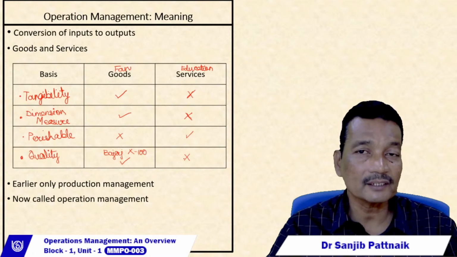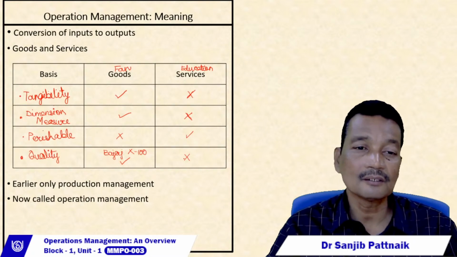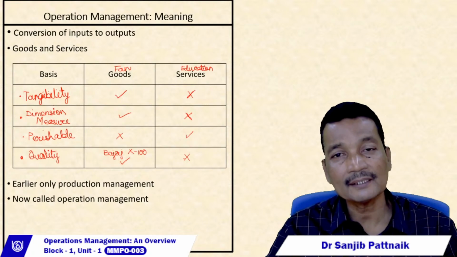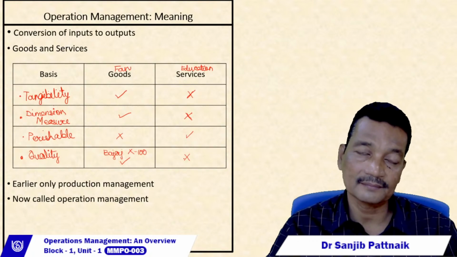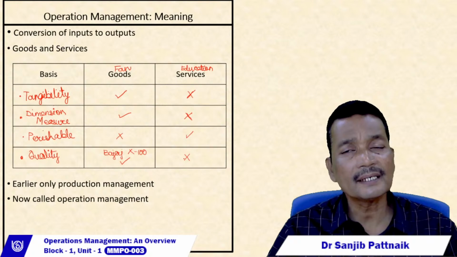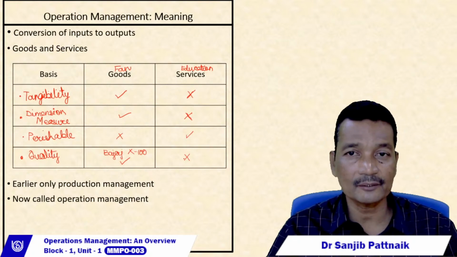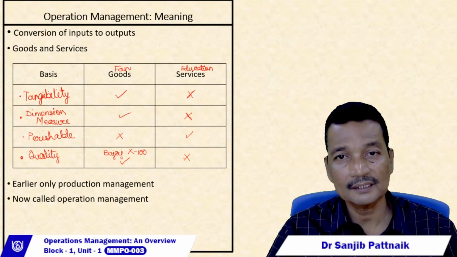It will not differentiate or have any kind of biasness among the customers. So nowadays, what is happening? Companies are standardizing the services. You can take many examples like this: food joints, like McDonald's, like Domino's Pizzas, etc.